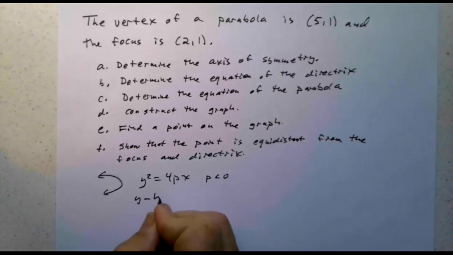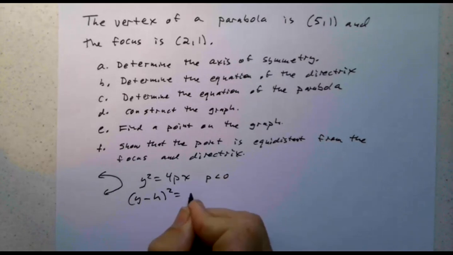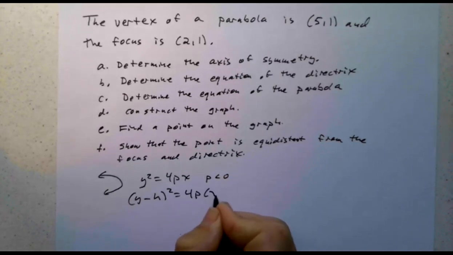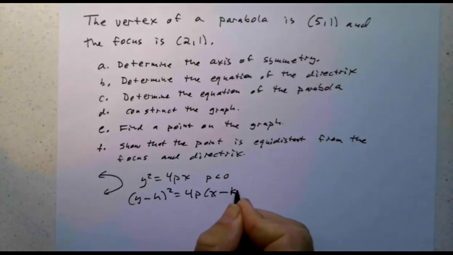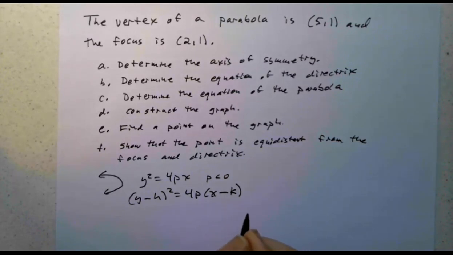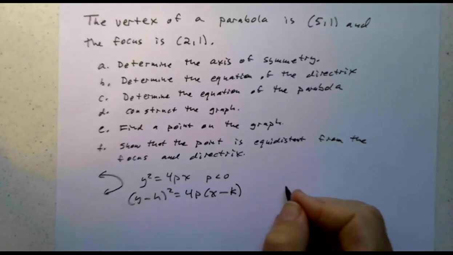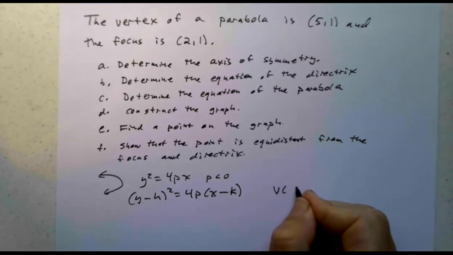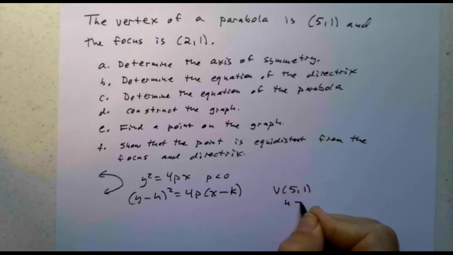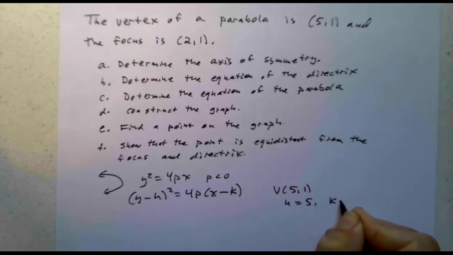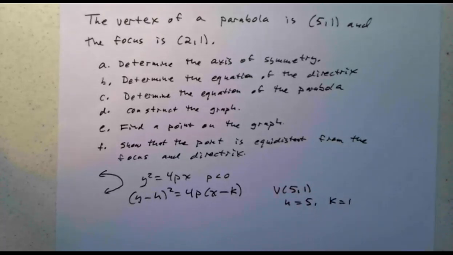So y minus h squared equals 4p x minus k to translate it. Move it over h, k. Shift it to the right h, shift it up k. So what is my vertex here? My vertex here is (5, 1), so h is 5 and k is 1.